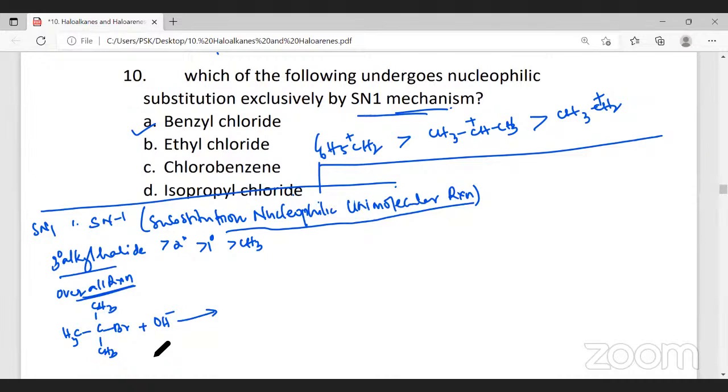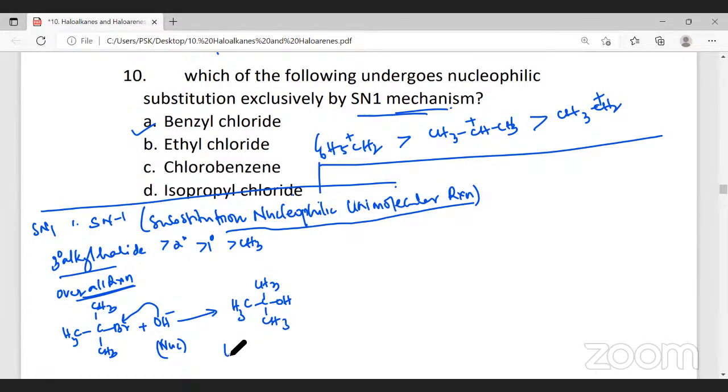NaOH gives you Na plus and OH minus. An electron-rich group is called a nucleophile. Therefore, we have written OH minus as a nucleophile here. We get it from NaOH or KOH. What happens is this OH will displace bromine. Therefore, you get CH3, CH3, C, OH, and CH3.